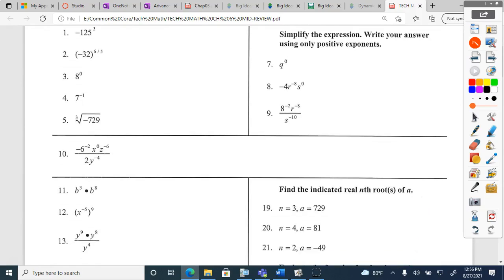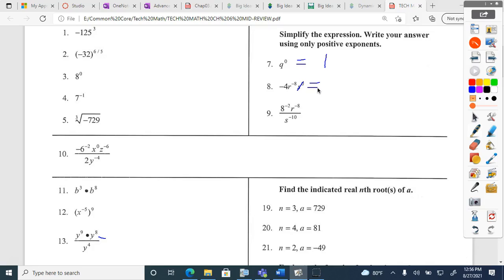Number 7. We just talked about it a minute ago. Anything to the 0 power is 1. So 6 or 7 is 1. Here, s to the 0 is what? 1, so it kind of just cancels. Okay. What do we do with this negative exponent to make it positive? Bring it down. Move it to the bottom.